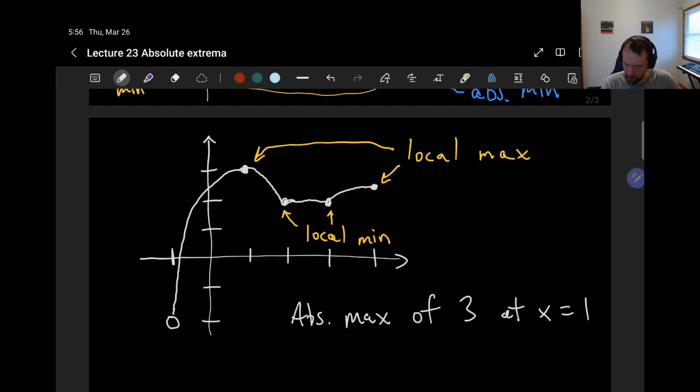Now, is there an absolute minimum? Well, it kind of looks like this could be, but notice I drew a hole there. It's missing. So there actually is no absolute minimum here, because we'll pick any y value in the range of this graph, and you can always get a little bit lower.